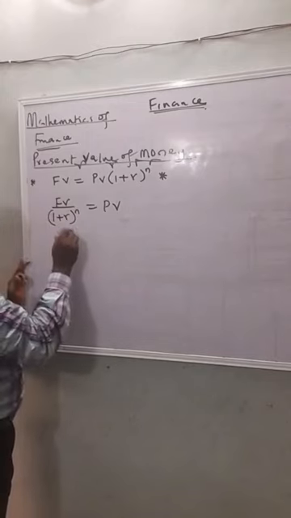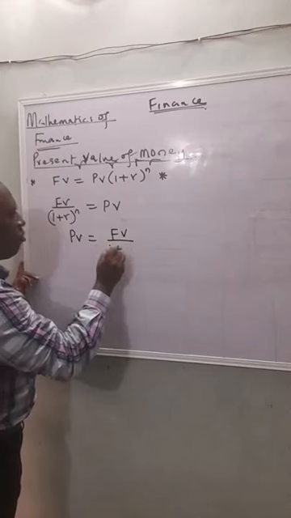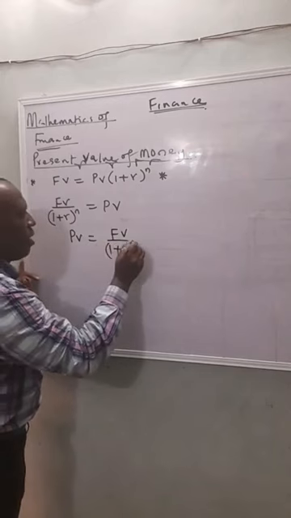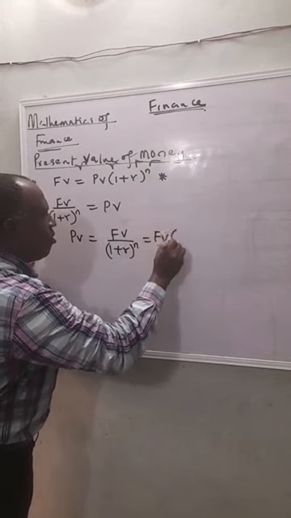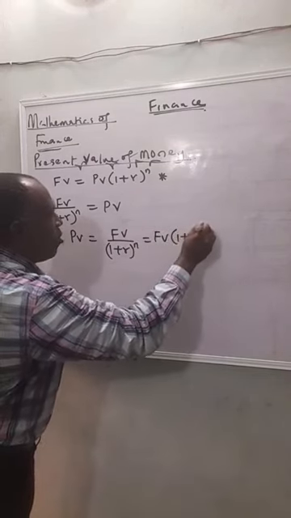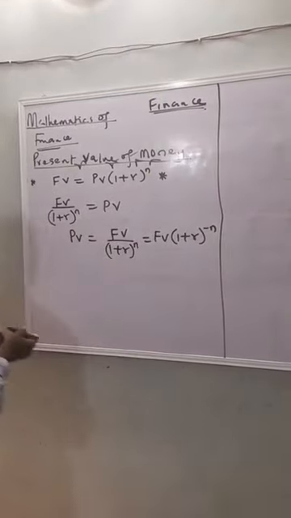So in a simple language, present value of money is future value of money over 1 plus r raised to power n, also known as FV, future value of money, into 1 plus r raised to power minus n, trying to apply laws of indices there.